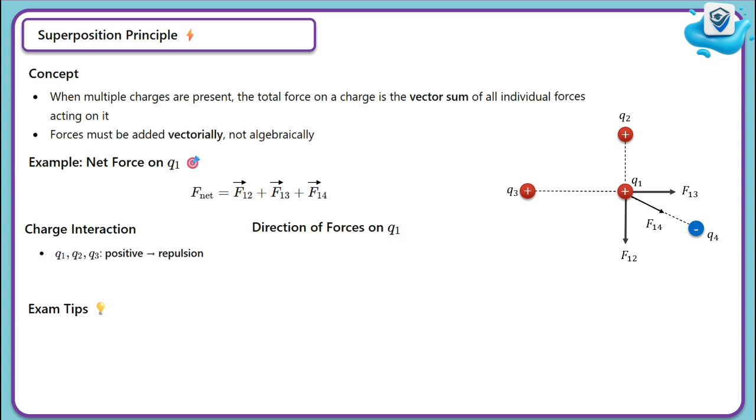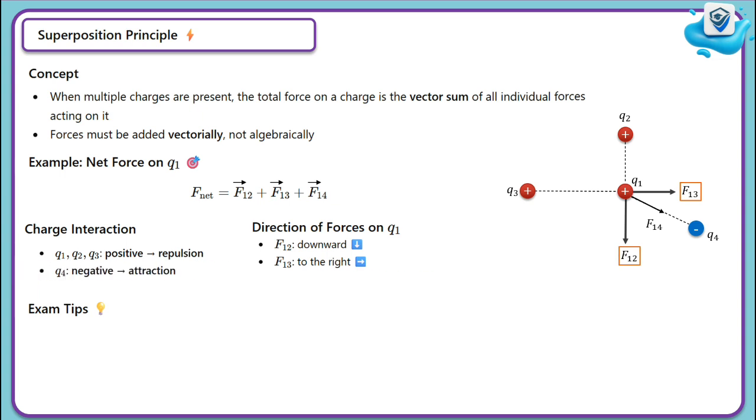Charges Q1, Q2, and Q3 are all positive, so they repel each other. The force F12 pushes Q1 downward, and the force F13 pushes Q1 to the right.